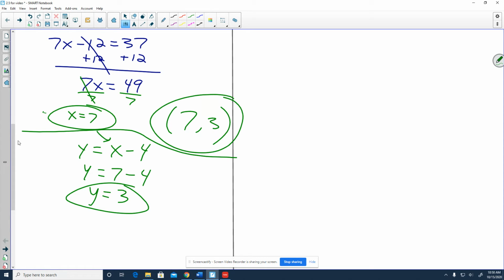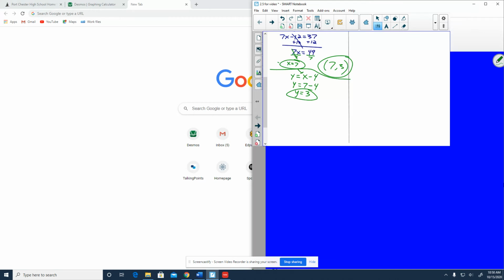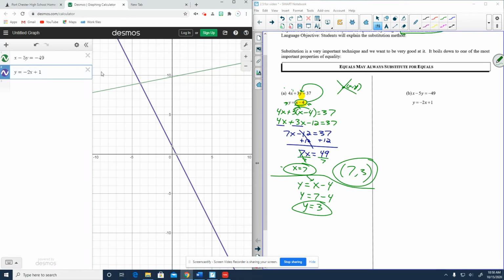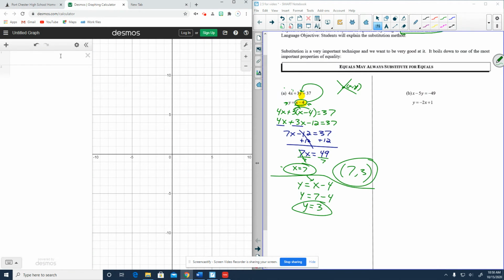Now, I can check my work on Desmos. All right, if I take my Desmos graphing calculator and I type both of these in, 4x plus 3y equals 37. Then I type in on my other cell y equals x minus 4.